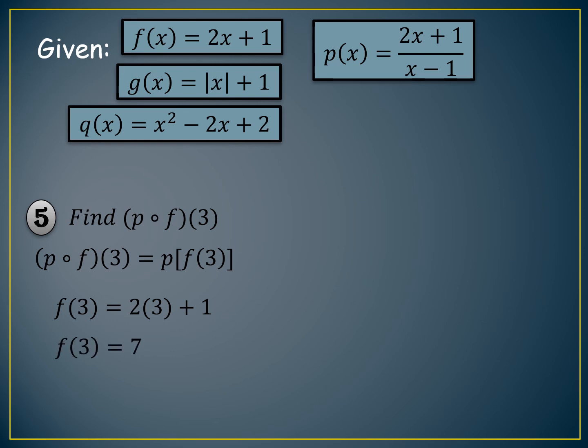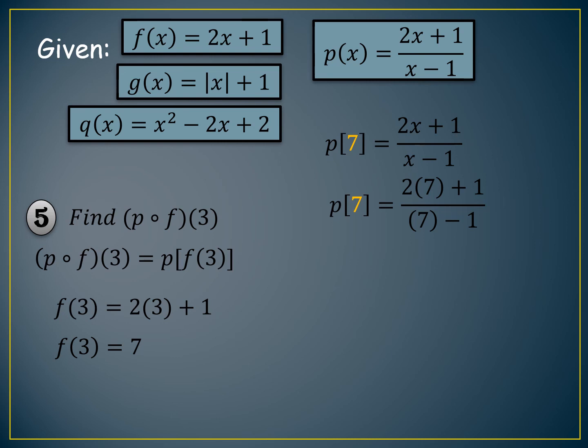So, once you have f of positive 3, the answer you get, you will substitute for the x of P. So, what is P? It is 2x plus 1 over x minus 1. So, change all the x to positive 7. It becomes 2 times 7 plus 1 over 7 minus 1.